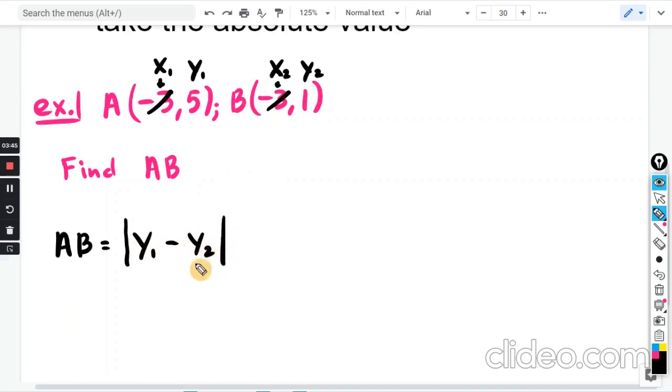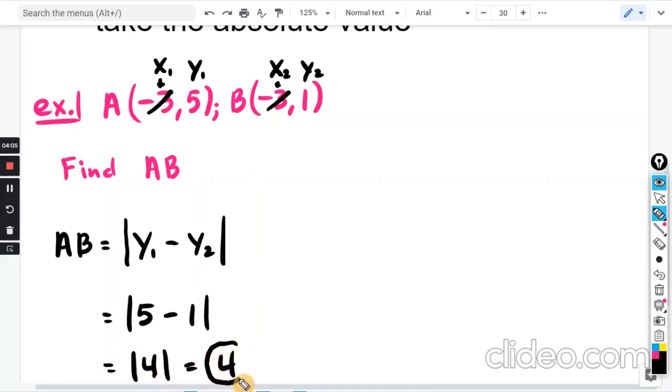When you subtract with absolute value, it doesn't matter. Okay, so y1, we see that's 5. And y2, we see that's 1. So 5 minus 1 is just 4. And when you take the absolute value of 4, it just stays the same.